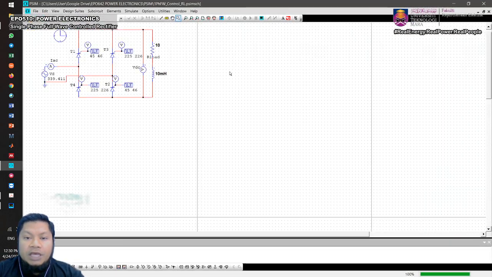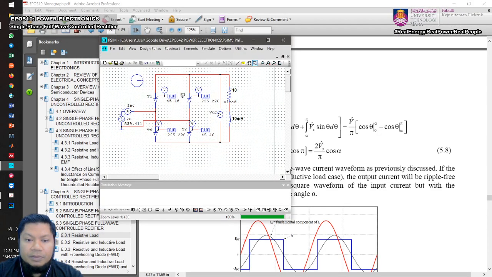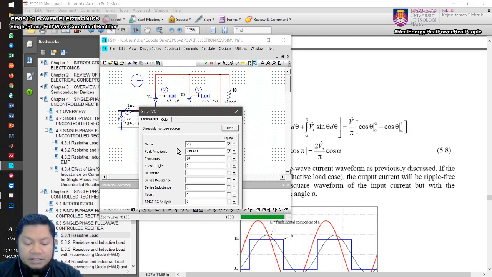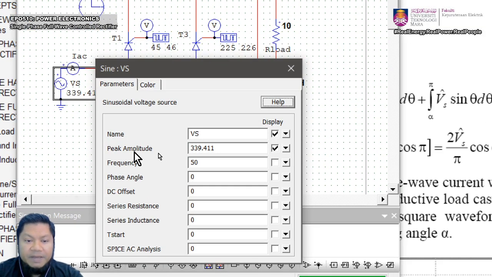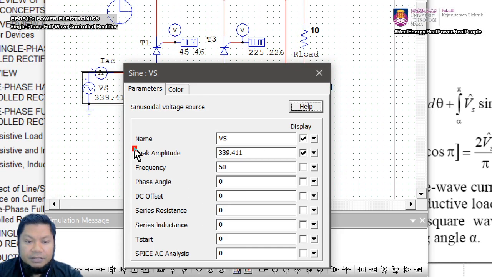Okay, right. So we have this circuit. Supply voltage. Why is it 339? Because the supply voltage for PSIM requires this. If you look carefully, it wants a peak amplitude. It doesn't want the RMS, but it wants an amplitude. So if you multiply 240, the RMS, with square root 2, you will get 339.41.